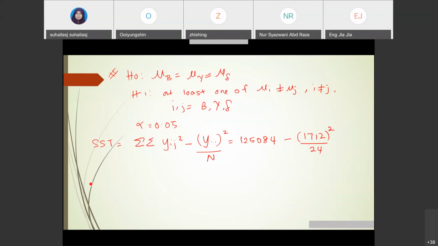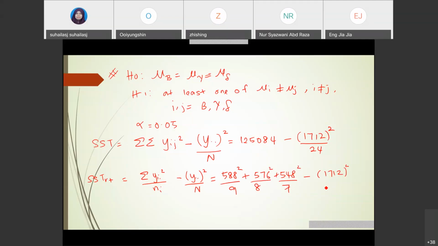Sum of squares treatment: we have the sum of y_i squared over n_i, minus the grand total squared over capital N. So for the sum of squares treatment, you have the total for the first treatment squared divided by its number of observations.